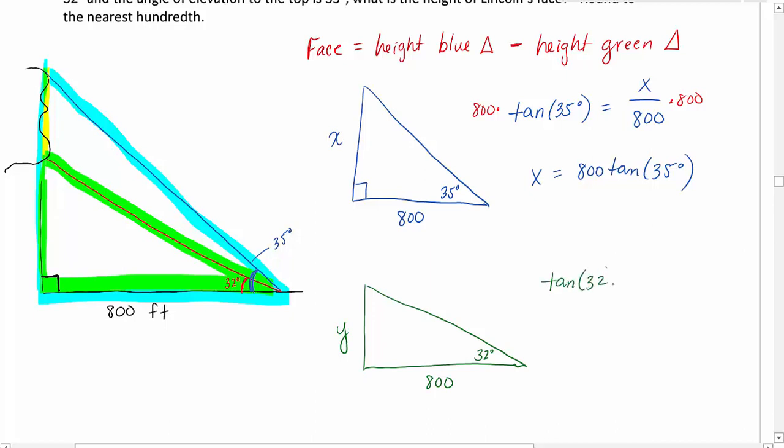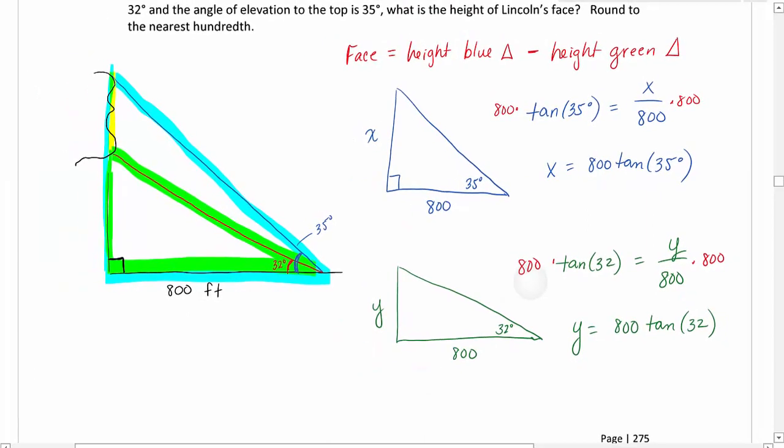Tangent of 32 equals y over 800. Multiplying both sides by 800, we get y to be equal to 800 tangent of 32.